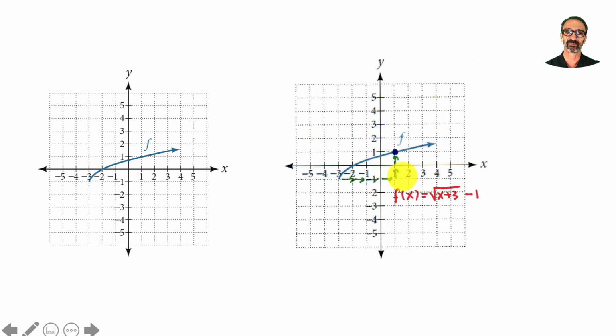So it's like graphed differently or different place. But we know the square root of 4 is 2, so the scale is the same. There is no vertical stretch. That is exactly what I'm trying to show you. So it comes from the square root of x, but we're going to add 3 because we took it left 3. Subtract 1 outside because we took it down 1.